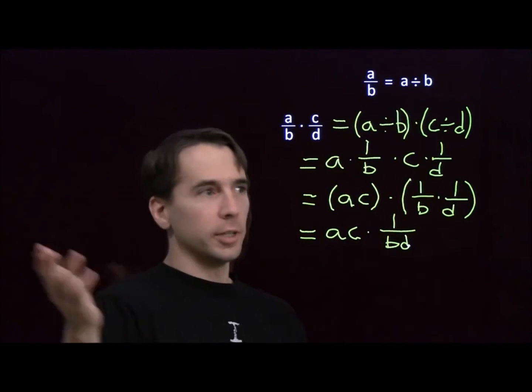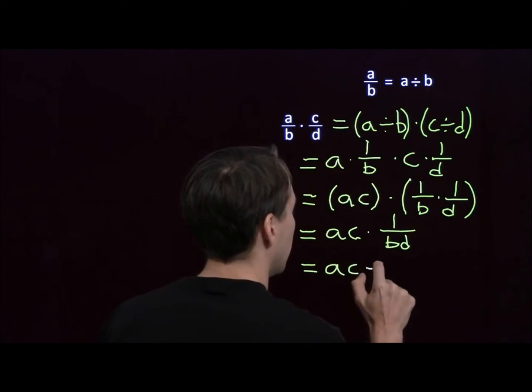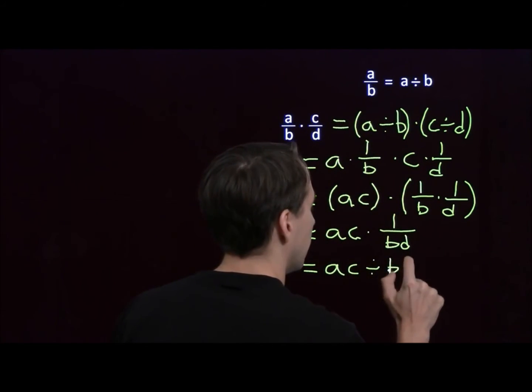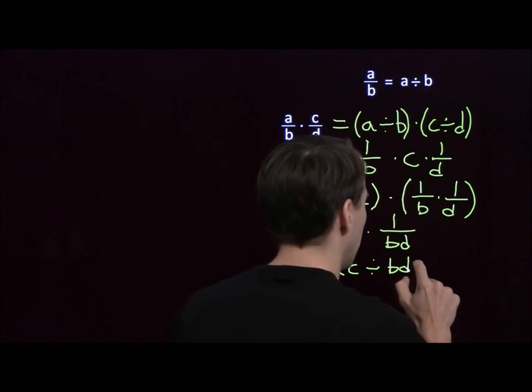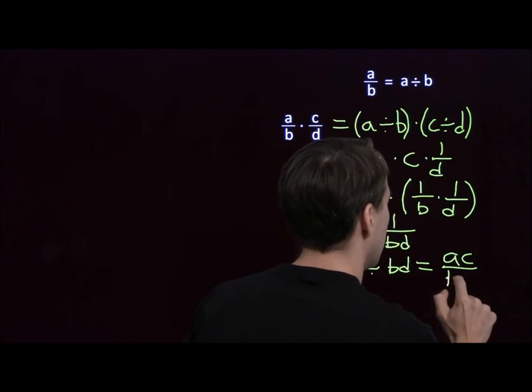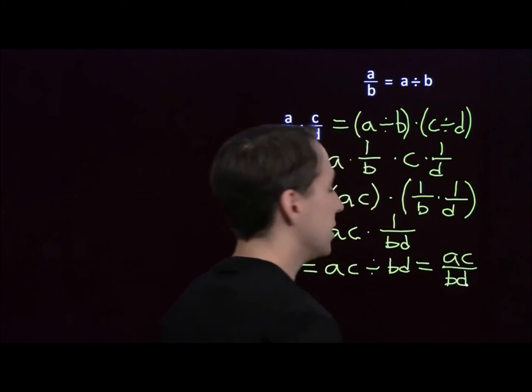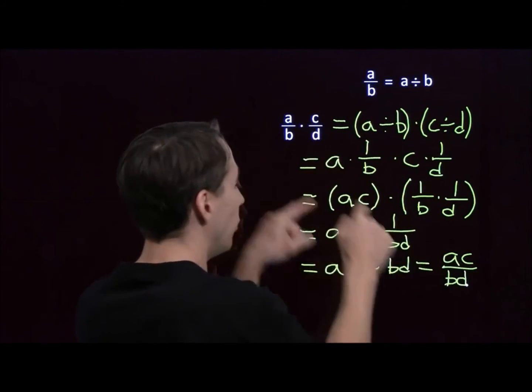Multiplying by a reciprocal, you've heard this a couple times already, that's just division. And what's a division? Division is a fraction. ac divided by bd is just ac over bd, a times c over b times d.